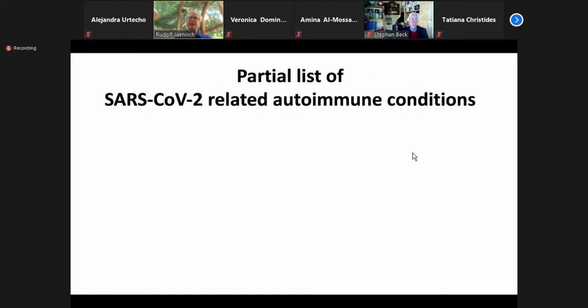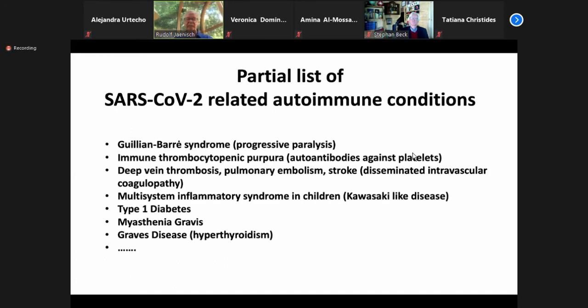The partial list of autoimmune conditions are Guillain-Barré, immune thrombocytopenic purpura, so the autoantibodies against platelets could be lethal, deep vein thrombosis, pulmonary embolism, stroke, disseminated intravascular coagulopathy, very often seen, very serious, multi-system inflammatory syndrome in children, the Kawasaki-like disease, type 1 diabetes, myasthenia gravis, Graves' disease, and the list can go on. This is really the big concern.